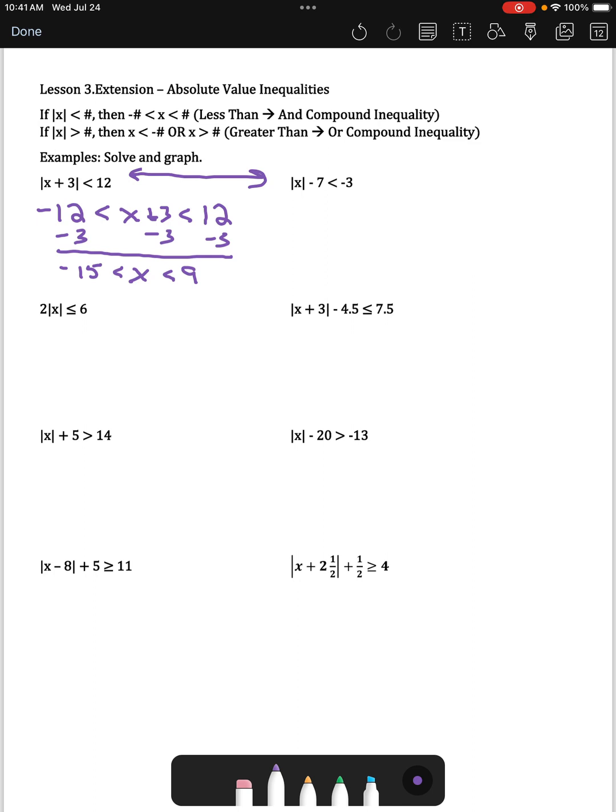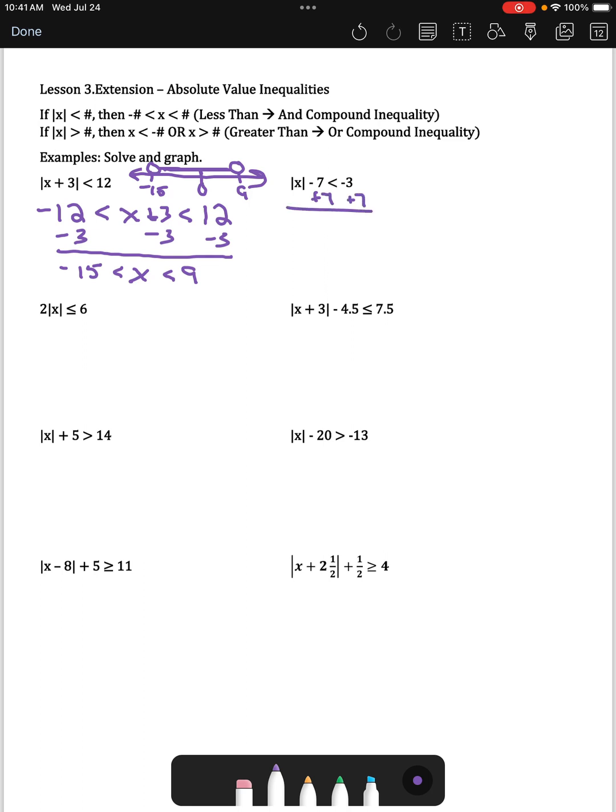So we have -15 and 9 that we're interested in, and you know I expect 0 on every number line. At -15 and 9, we have open circles because this is a strict inequality, and we are in between those two things. So there's every value for x that would keep us under 12 steps from 0 when plugged into that expression.